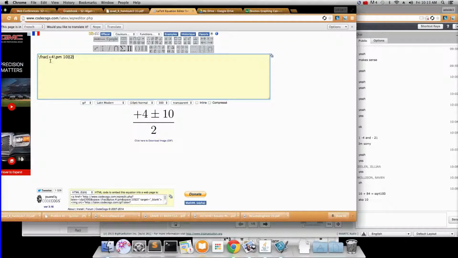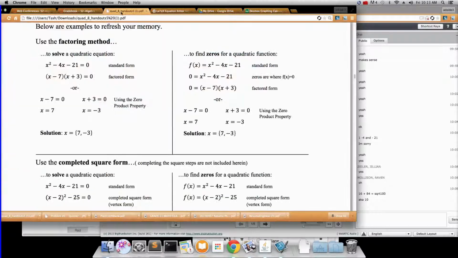So it's 4 plus or minus 10 divided by 2. That's equal to either 7 or, what is 4 minus 10? That's negative 6. Divide that by 2, that's negative 3. The answer is either 7 or negative 3. That's what the quadratic equation told me. Now, if I look back at the factoring method, the answer is either 7 or negative 3. Hey, it's the same exact answer. Are we cool?